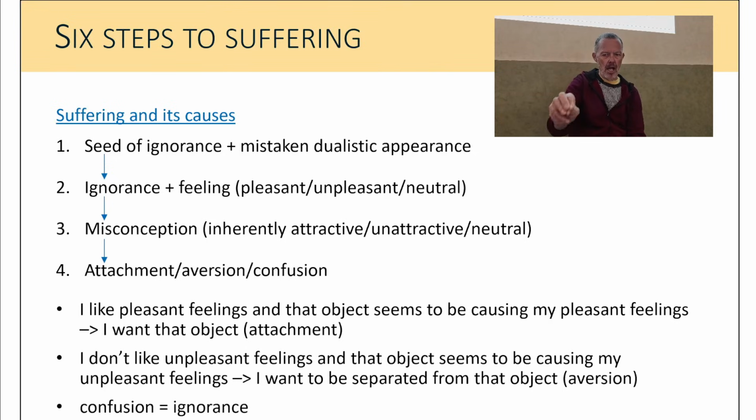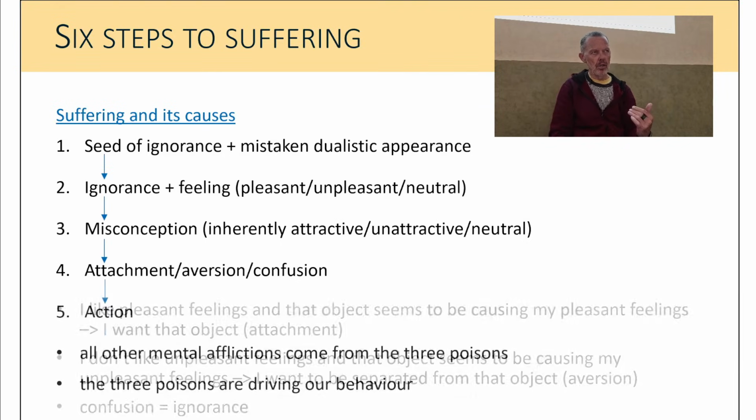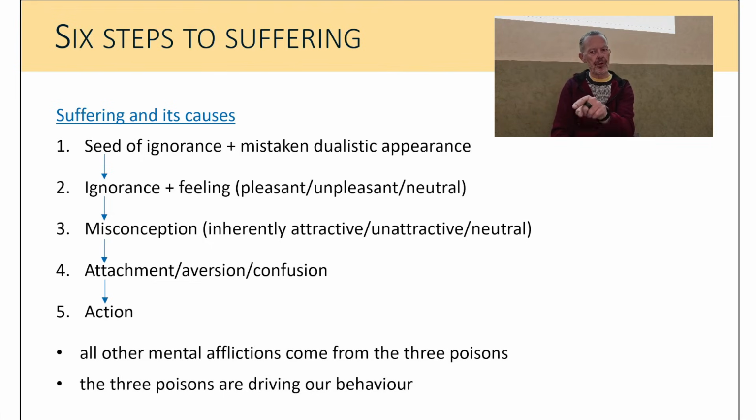These mental afflictions, these 3 poisons, lead to all the other mental afflictions. So all other mental afflictions either come out of one of them or a combination. These mental afflictions are driving our behavior, and every action we do based on a mental affliction, the Buddhist assertion is, has a result, has a consequence.